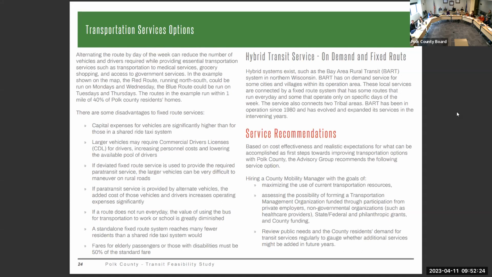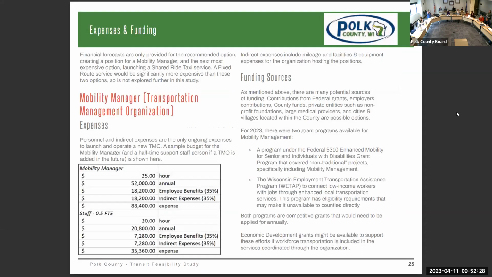So here are the numbers for what the expenses and funding would look like for the first two options. For the mobility manager, you can see that the total expense is $88,000.